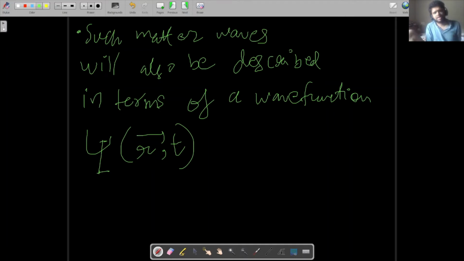Such matter waves, which are de Broglie waves, will also be described.